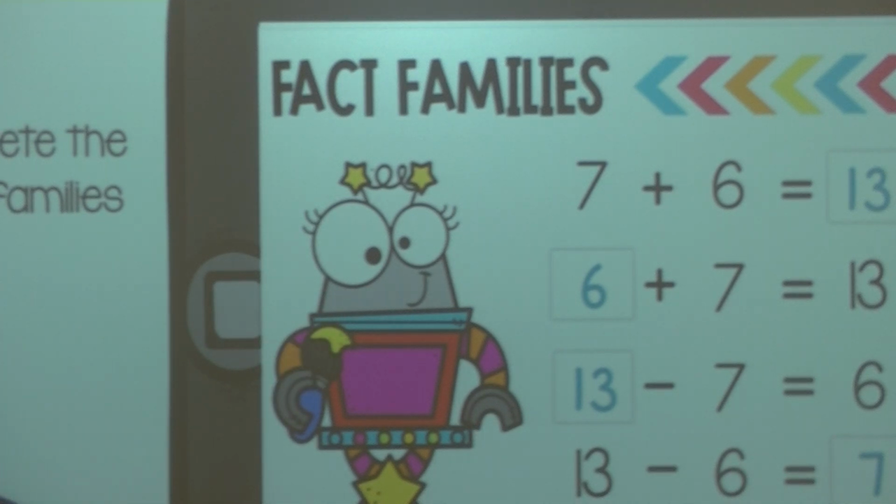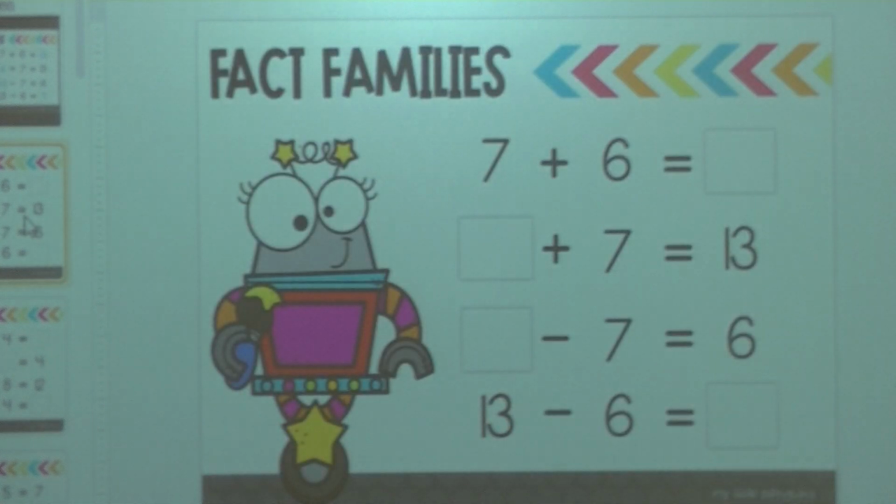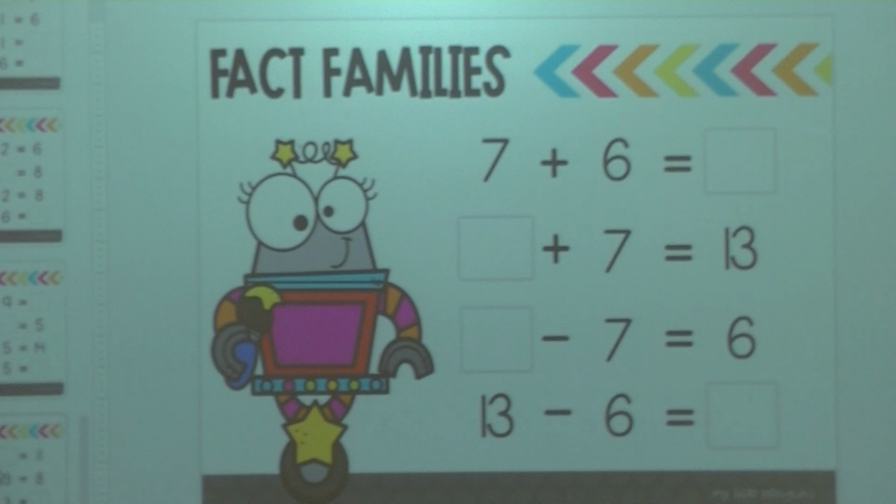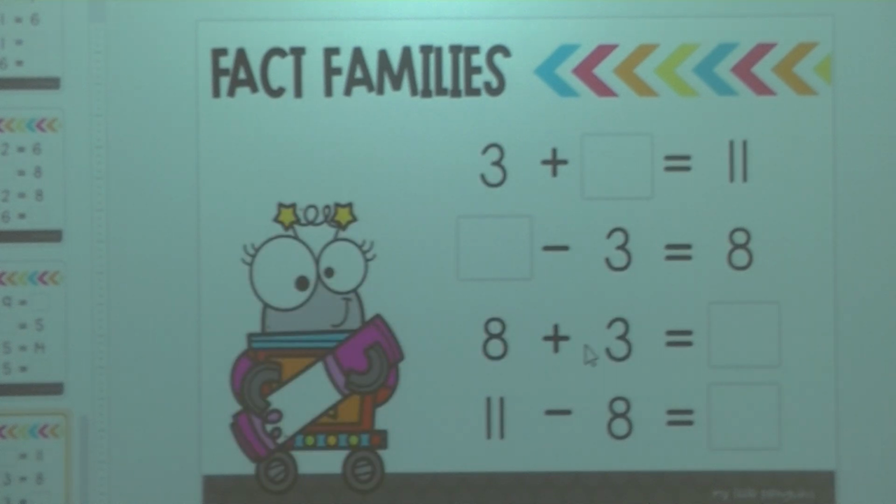All right, so your directions: complete the fact families. Now I'm going to go down and pull up one that looks like today's.